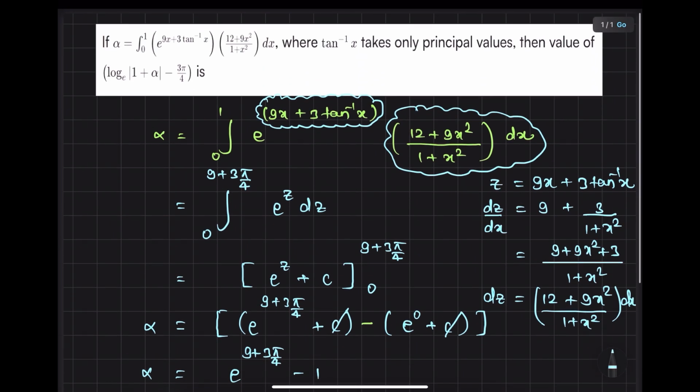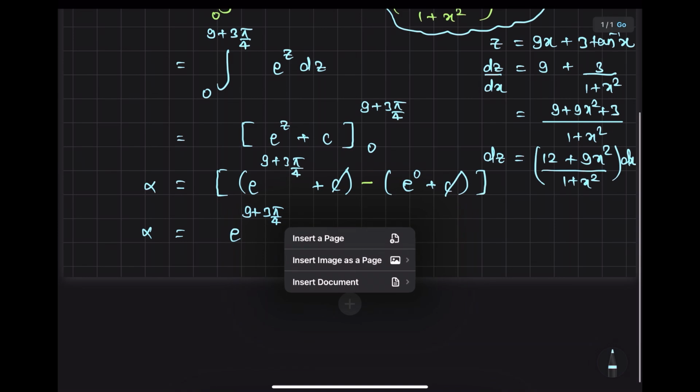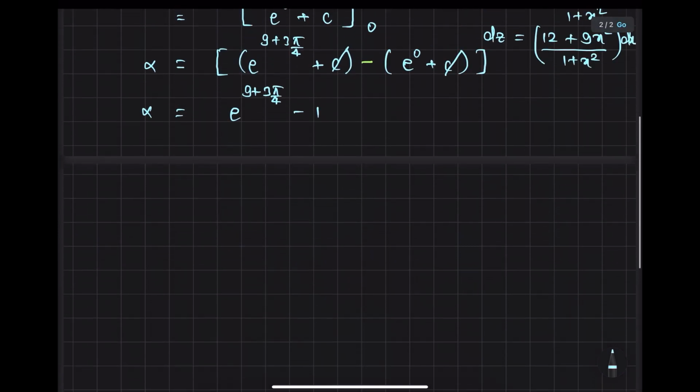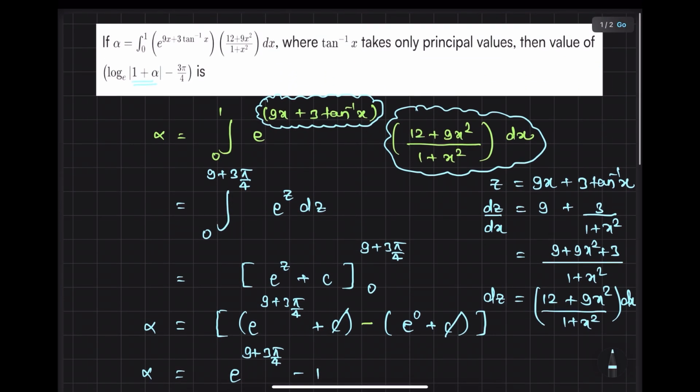Now what do we want? We want alpha plus 1. So can we add 1 to both sides? So we will have alpha plus 1 equals e power (9 plus 3 pi by 4). Now what do we want? With 1 plus alpha we want log e.